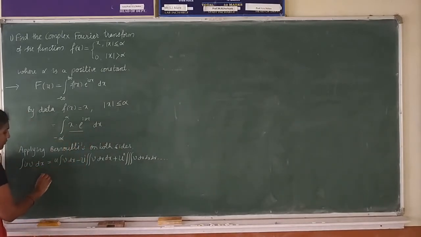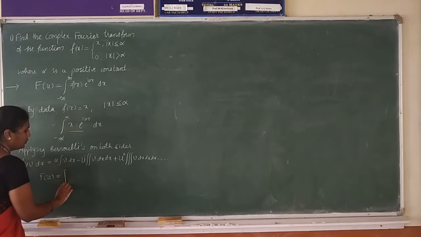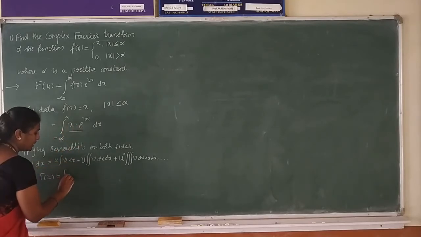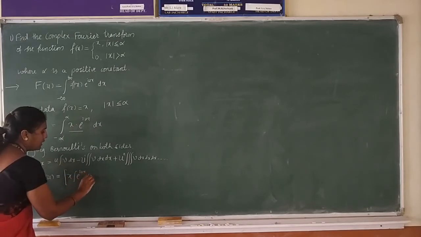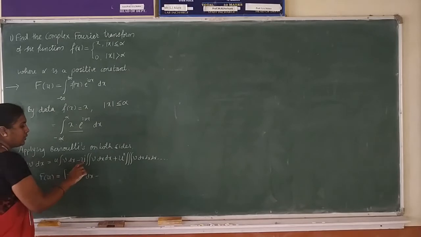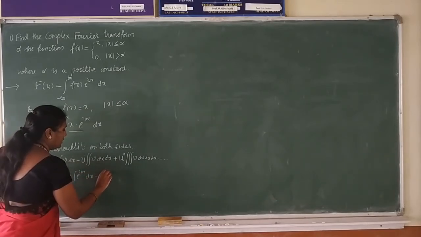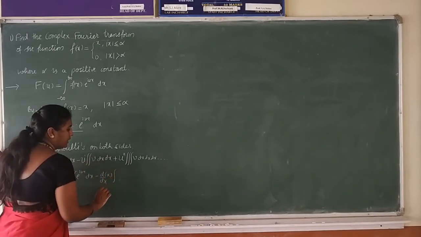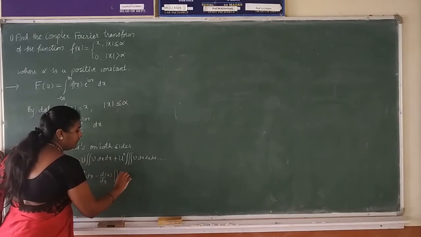Therefore F of u equals the integration. What is u here? This is u, this is v. U into, that is x into, the integration of e to the power iux dx. Next, u dash means the derivative of x. Next, the second integration of v.